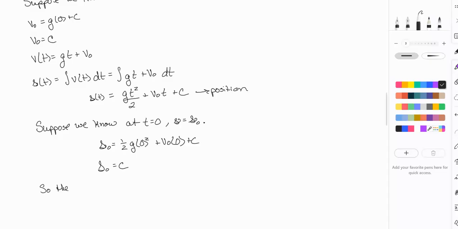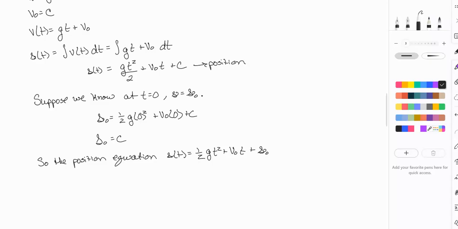So the position equation is going to be 1/2 gt squared plus v naught t plus s naught.